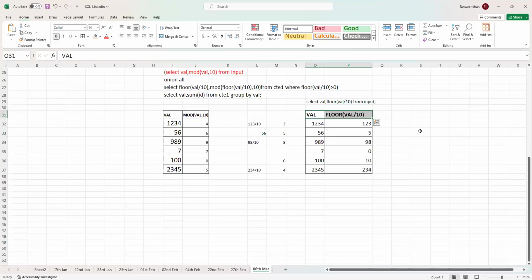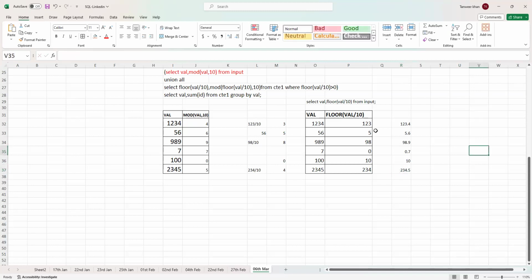So what floor actually does, if you're writing floor val by 10, is this: 1234 divided by 10 will become 123.4. 56 divided by 10 will become 5.6. Similarly, 989 divided by 10 will be 98.9. 7 divided by 10 will be 0.7. 100 divided by 10 will be 10. 2345 divided by 10 will be 234.5.